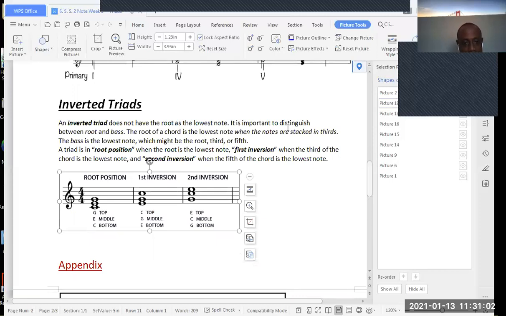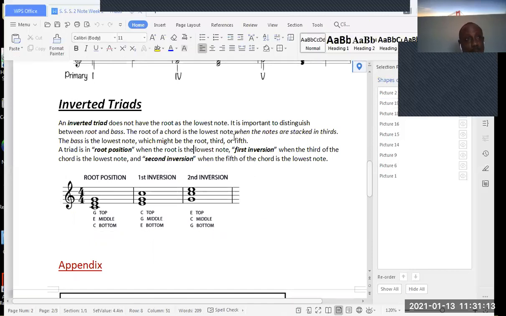So inversion brings about convenience. Then we also use inversion in harmony, that is, to give parts to different voices. I hope it is clear.